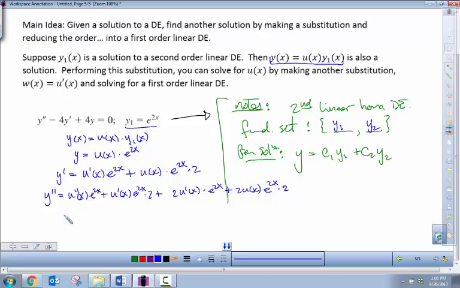Looks a bit messy. Let's see if we can simplify it a little bit. There's only one u double prime. There is 2u prime times e to the 2x, and I'll underline that so I can combine these 2 terms, right? 2 plus 2 is 4. I guess I should have factored out an e to the 2x first.